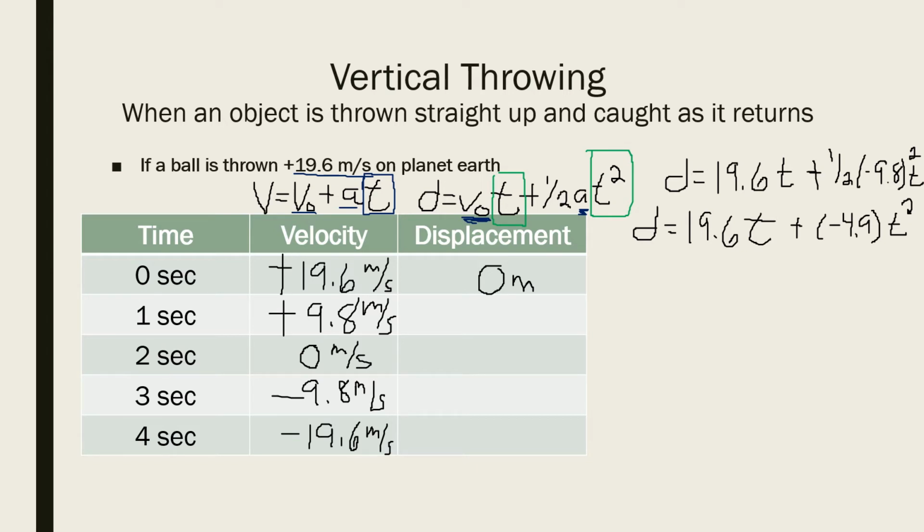Look carefully in this equation. You have one variable, you have two variables. Nothing else is changing. So what we're going to do is we are just going to plug into that equation. D equals 19.6 times 1 plus negative 4.9, 1 squared.